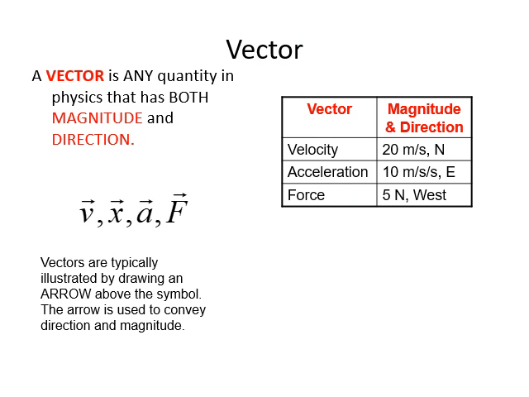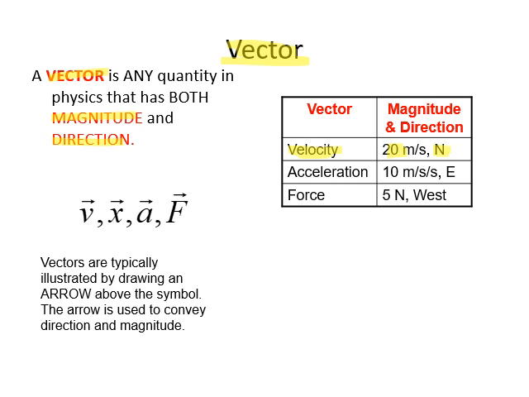Then we have vector quantities. A vector is any quantity in physics that has both magnitude as well as direction. So when we say velocity, which is a vector quantity, velocity is 20 meters per second towards north. Here you have magnitude with the units, which is 20, and you also have a direction towards north.